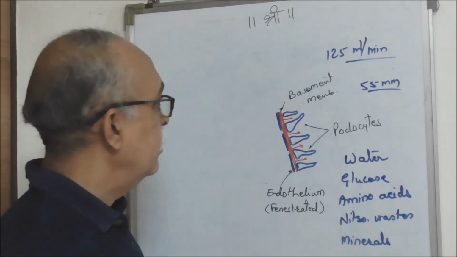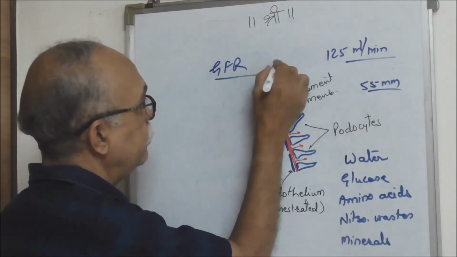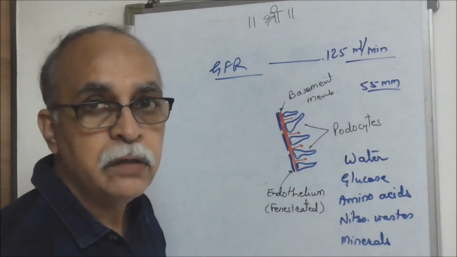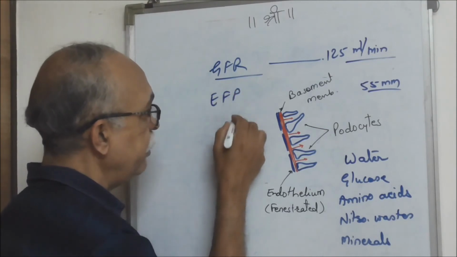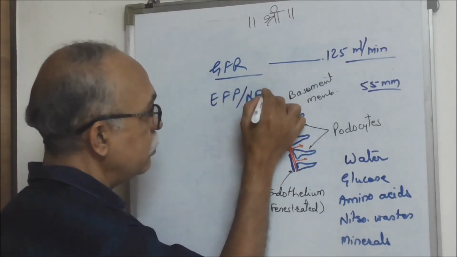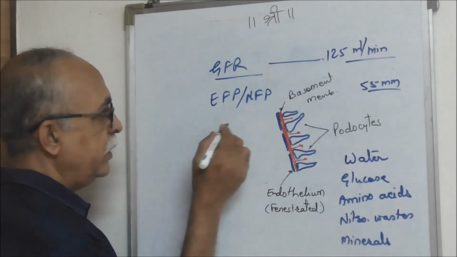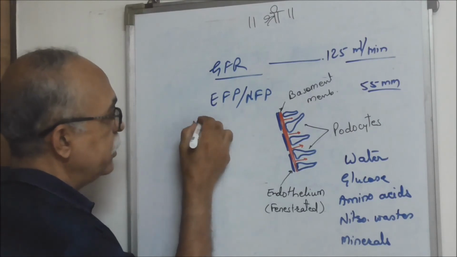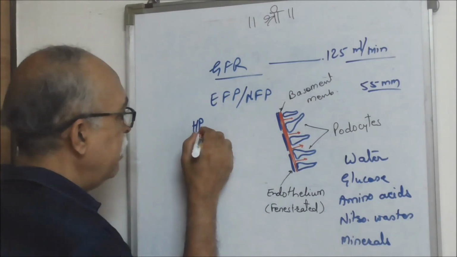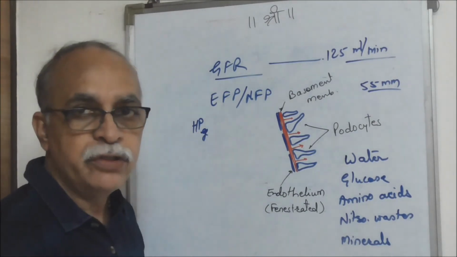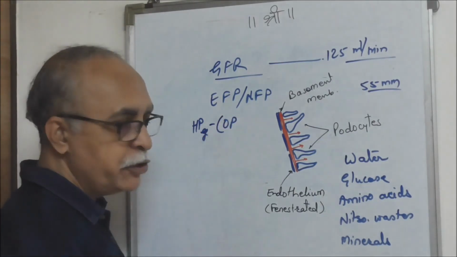What are they? Let us say this is the glomerular filtration rate, that's 125 ml per minute, and the pressure that's effective there is called the effective filtration pressure or net filtration pressure. How do we calculate it? It's calculated as hydrostatic pressure, the pressure which is developed here because of the difference in diameters, that is glomerular hydrostatic pressure, minus osmotic pressure.